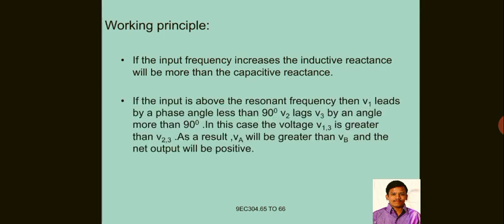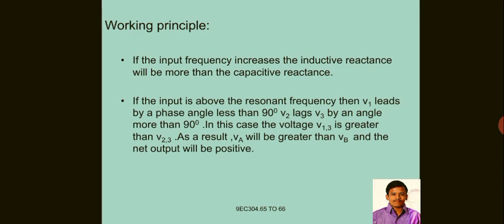If the input is above the resonance frequency, here we are assuming resonance frequency is the center frequency, then the inductor is leading whereas the capacitor is lagging, because the inductive reactance is more than the capacitive reactance. Therefore, above the resonance frequency, V1 leads V2 by a phase angle of 90 degrees theoretically, but practically somewhat less than 90 degrees.